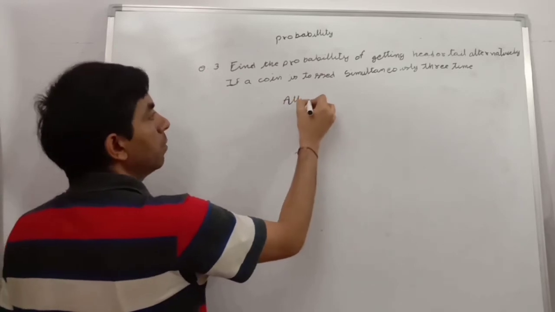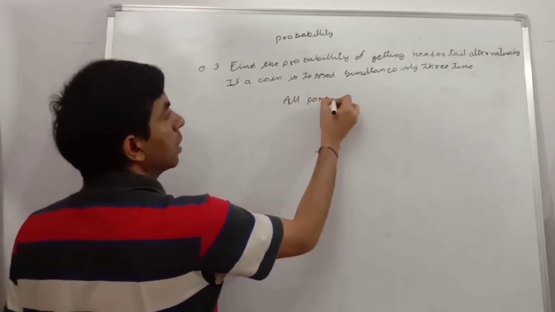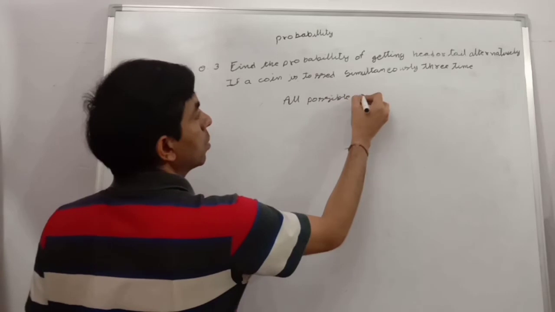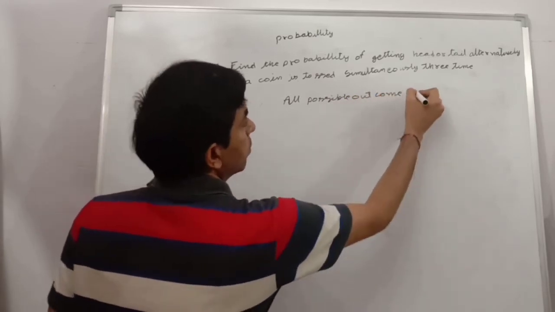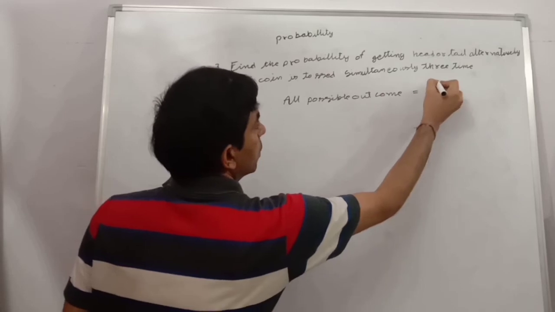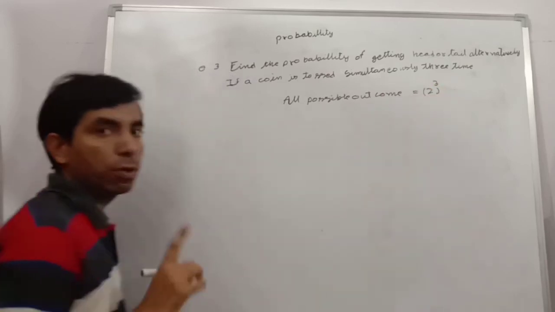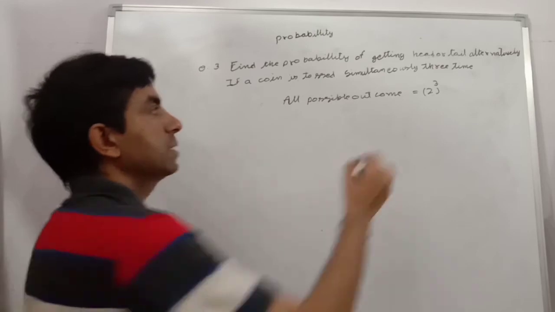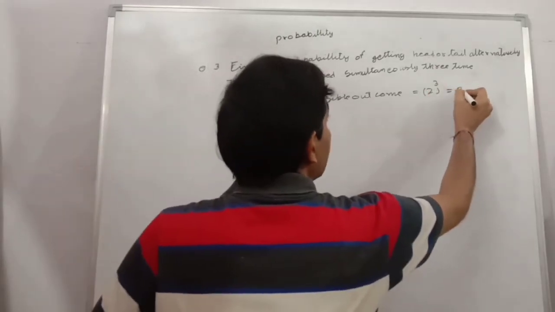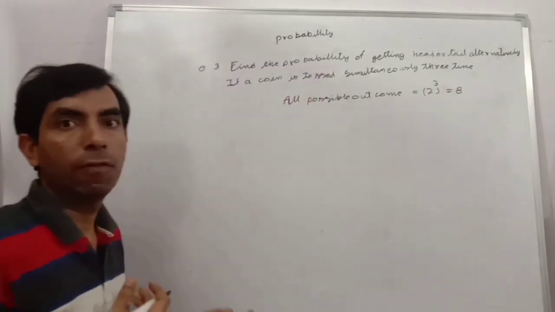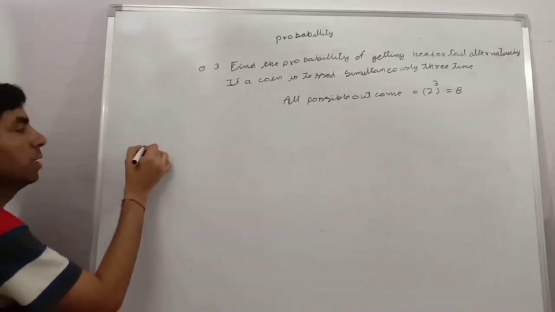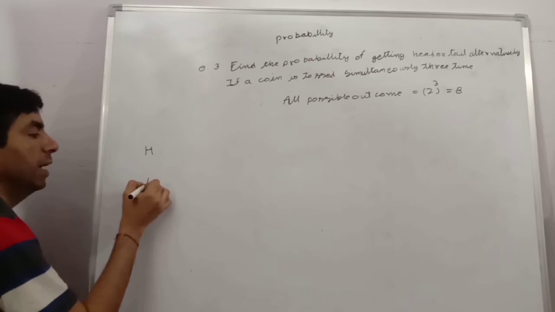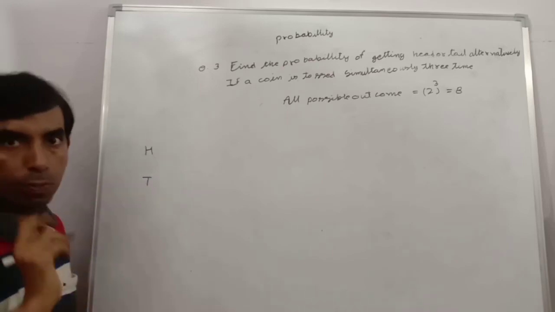All possible outcomes we can calculate easily: 2 to the power 3 means 8. But what are the 8 events? For checking it, first we write that the first time we get head or tail, only 2 possibilities.